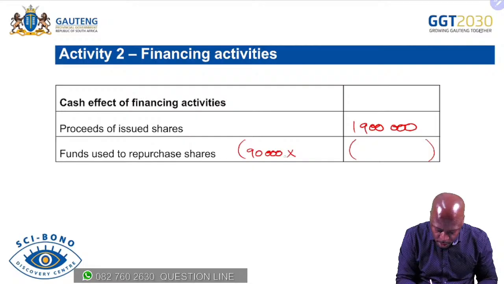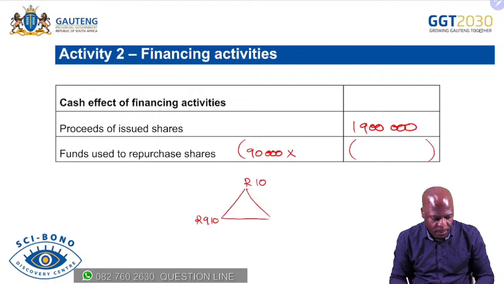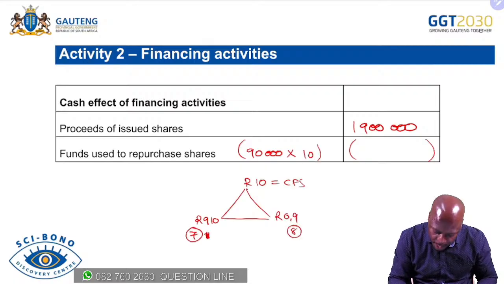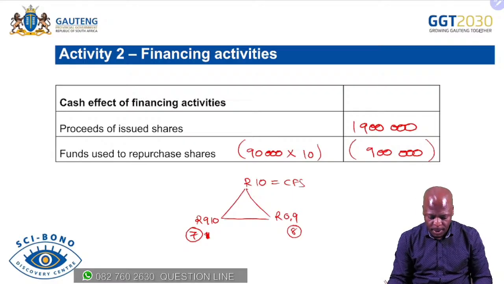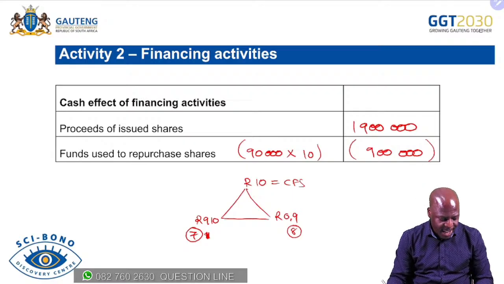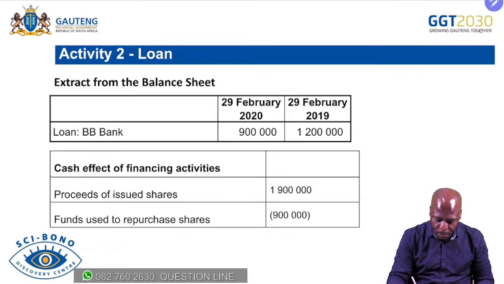This goes to note number 7, and this goes to note number 8. So here I'm going to bring my 10 Rand, and then I'm going to get my 900,000. All right. I want us to quickly go on and you will see how it appears now.